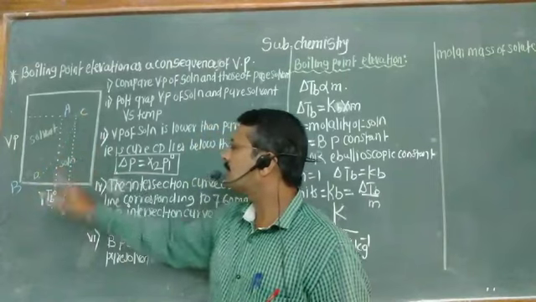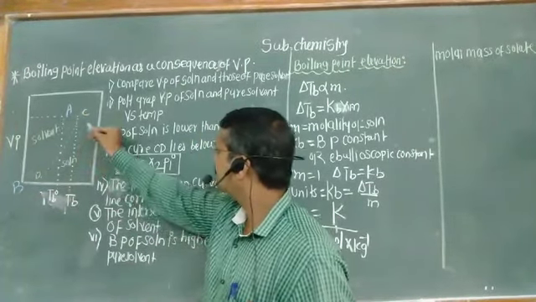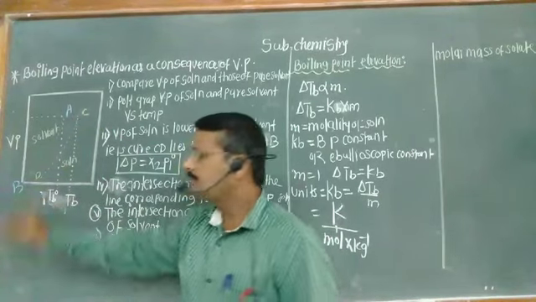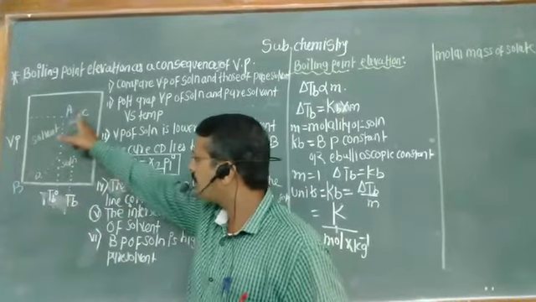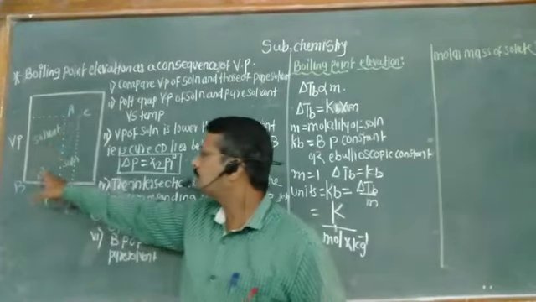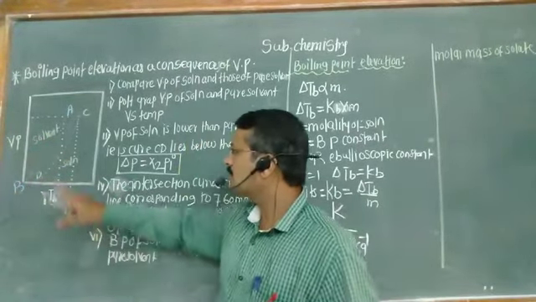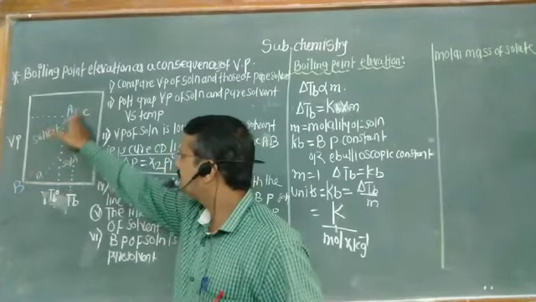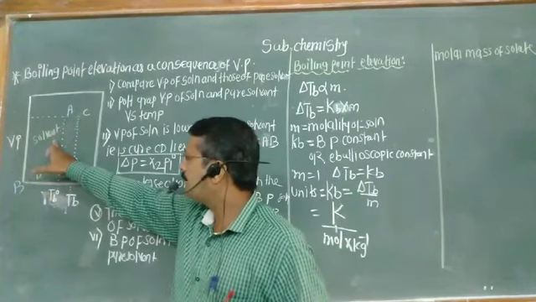When we observe these two curves, the curve CD lies below the curve AB, meaning the vapor pressure of the solution is lower than the vapor pressure of the solvent.